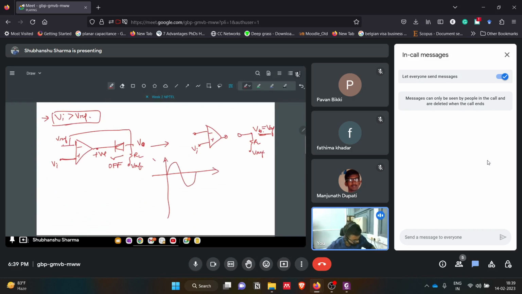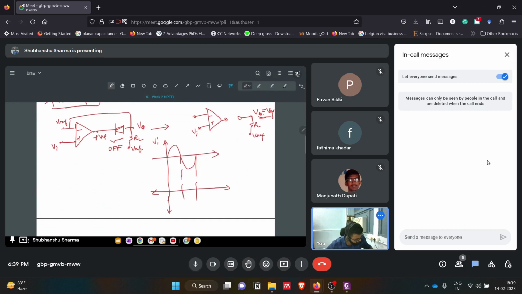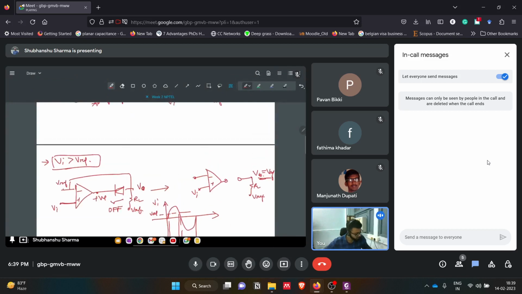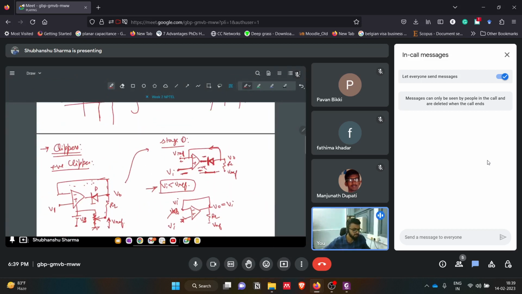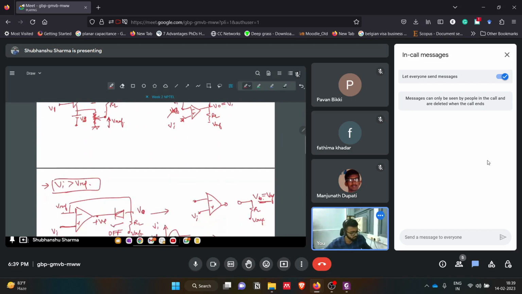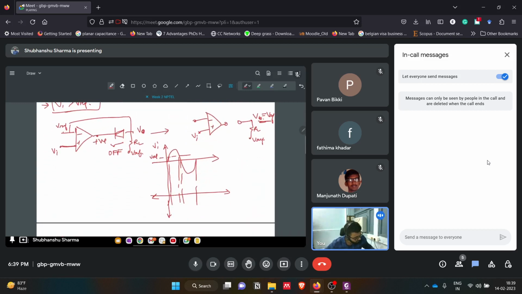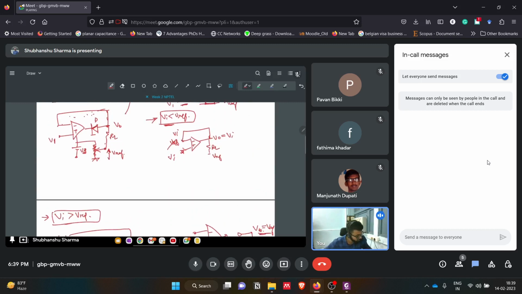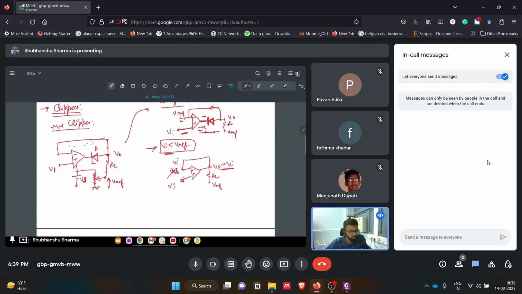So this was the input, and let's say this was V reference. We saw that for Vi less than V reference, the output V output was equal to Vi.